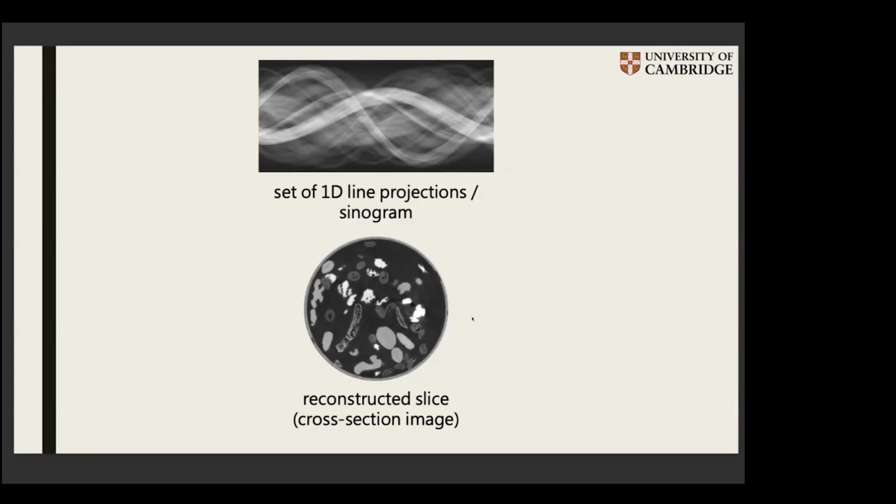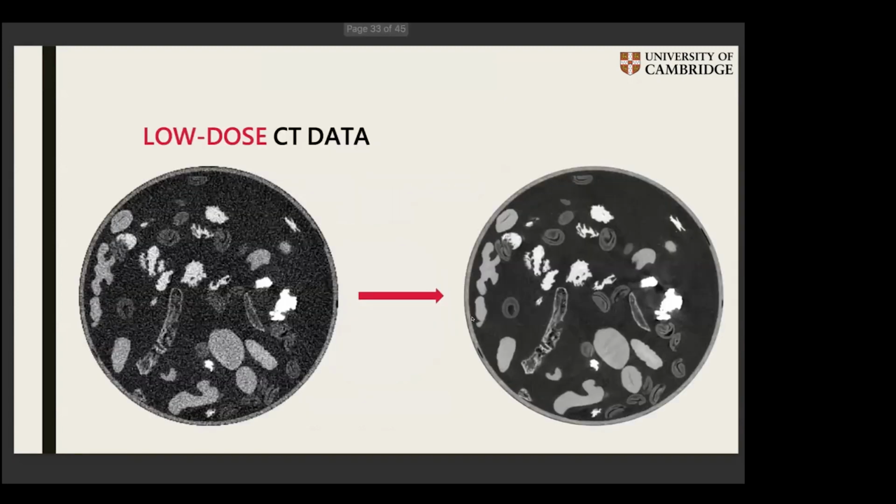Oftentimes it is not well posed, in the sense that the reconstruction isn't technically unique. It may not be very stable, so small perturbations, small noise, can lead to amplification of the noise. The particular setting that is difficult is the super noisy setting, i.e., when we have very low dose computed tomography data.